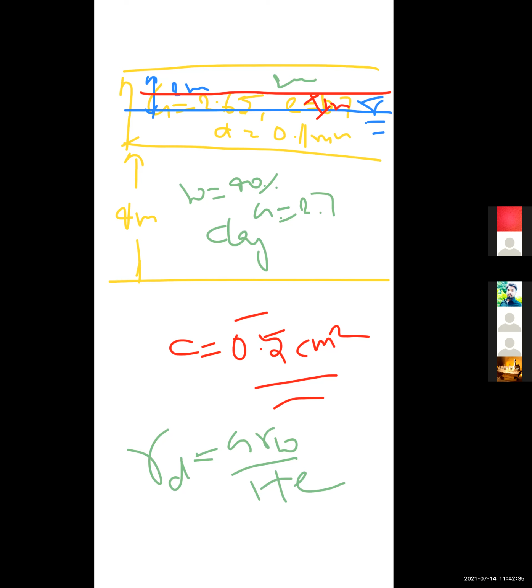Okay, so what is the value of gamma saturated for sand and gamma saturated for clay also?